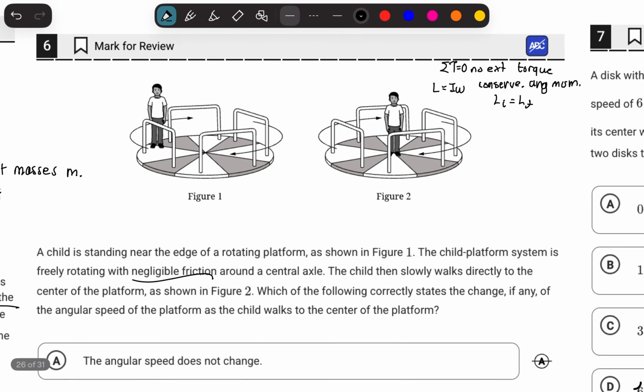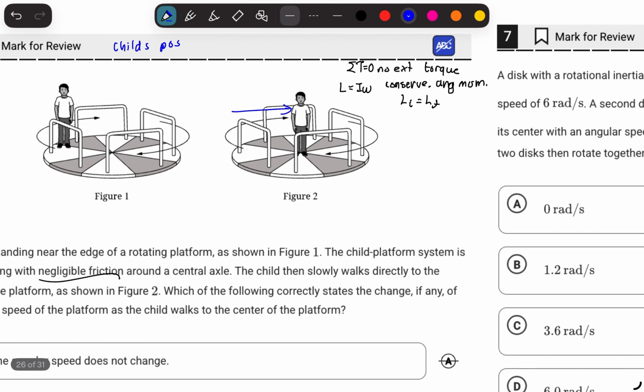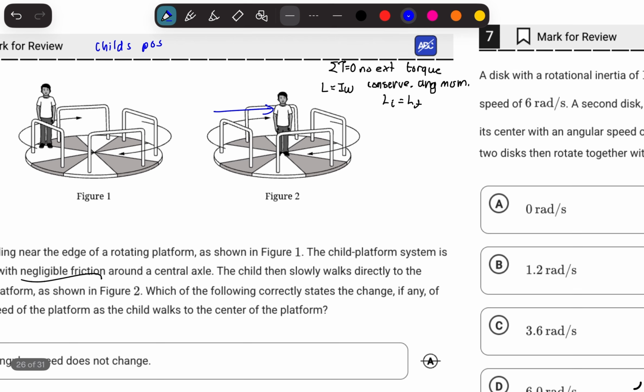So what in these two figures is changing? The only thing that is changing is the child's position. So the child just moves inwards.